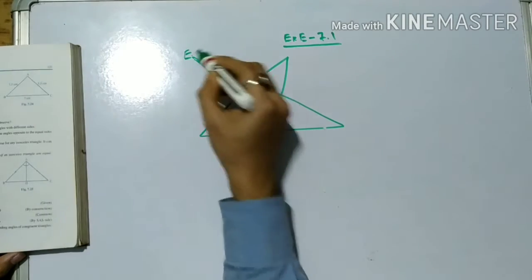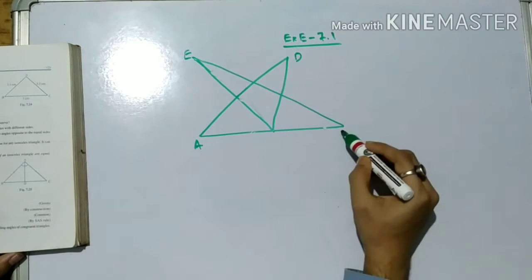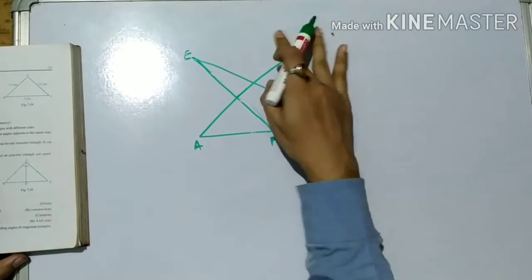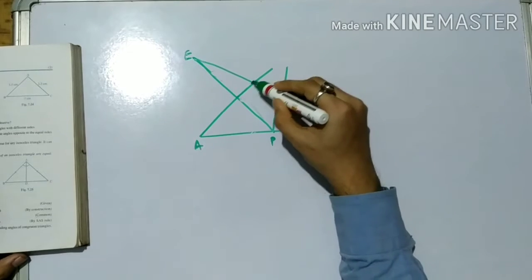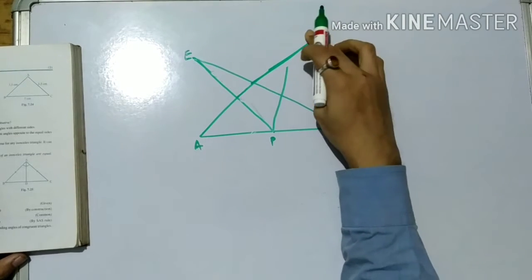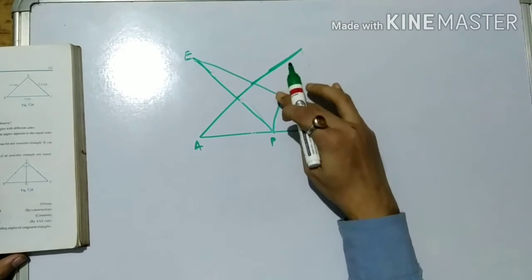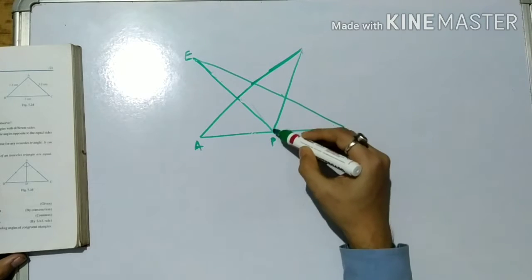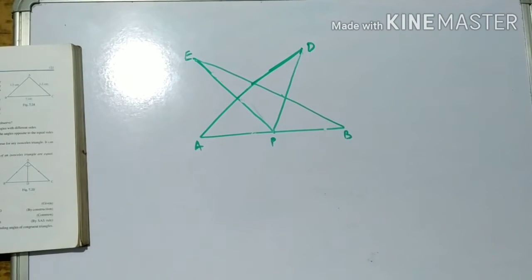This is E, D, A, B, and this is your P. Okay, so this is your diagram.